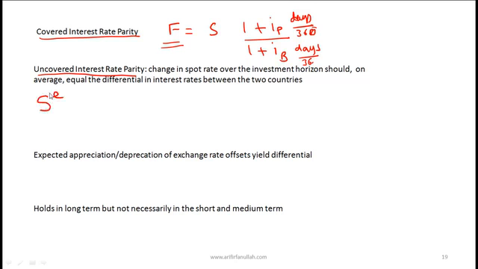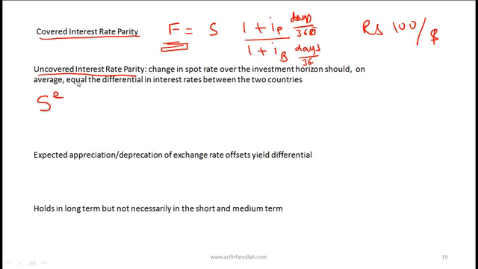So to give you a simple example and to distinguish between expected spot rates and forward rates, a forward rate is a contractually agreed upon rate. So you might say that the forward rate for rupee dollar is rupees 100 per $1. So this would be let's say a 1 year forward rate.